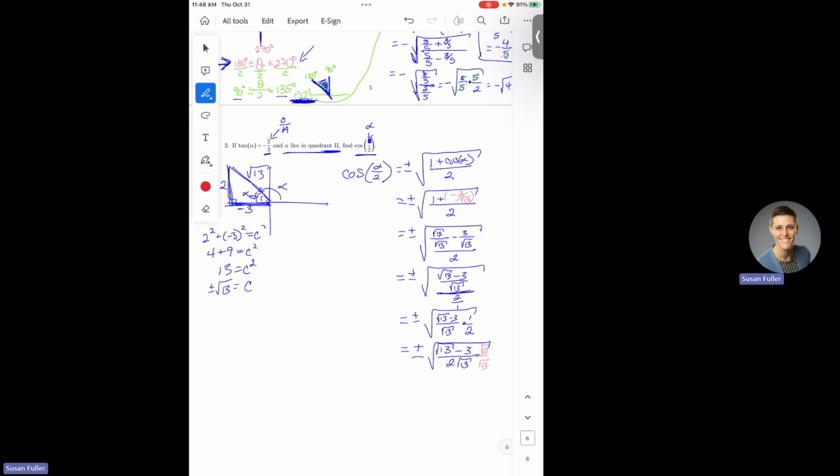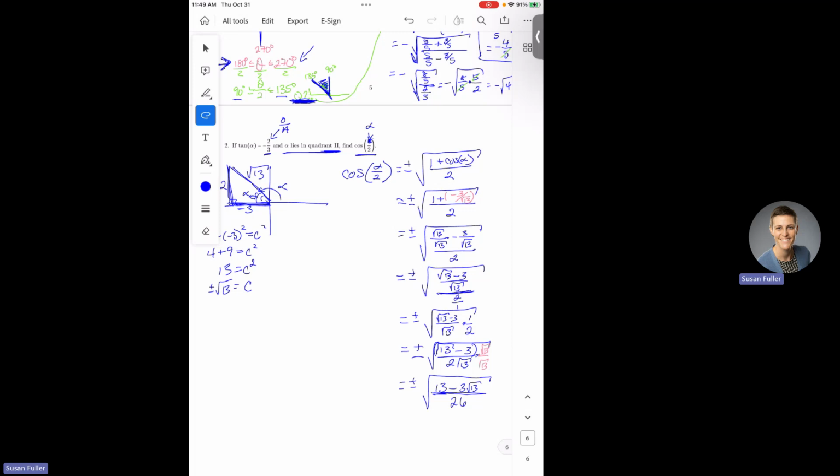And so if you need to rationalize there, you distribute this √13, so you'd get 13 minus 3 times √13. This is just a 13 because √13 times √13 is just 13. And on the bottom, I get 2 times √13 times √13. That's 2 times 13, which is 26. So you can also write it like this for Alex if it freaks out about having radicals in the denominator.